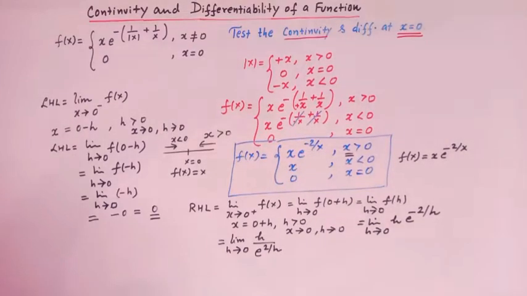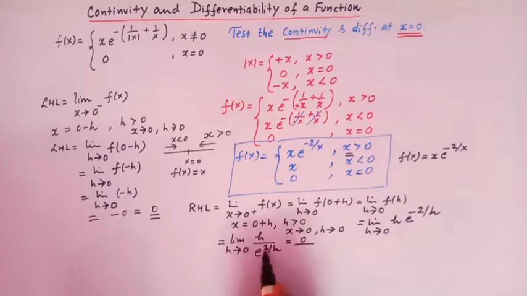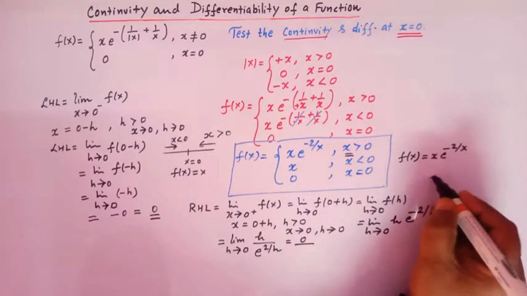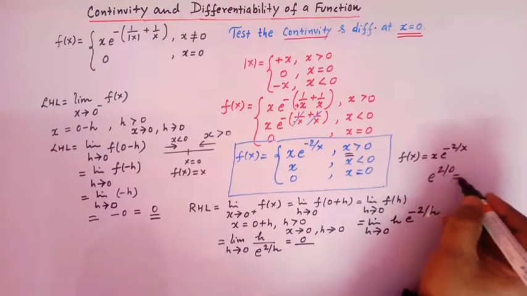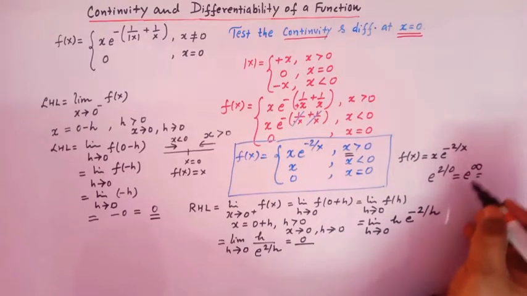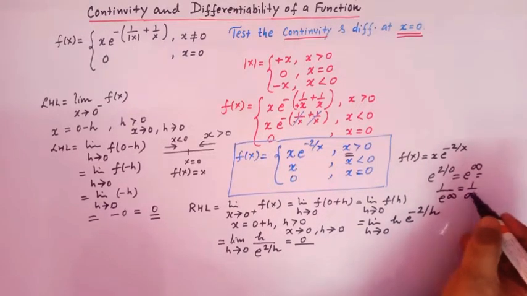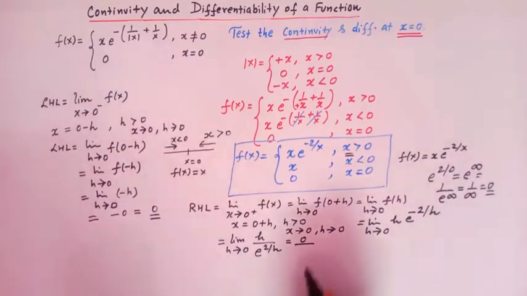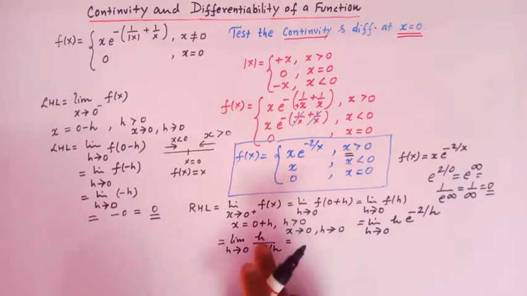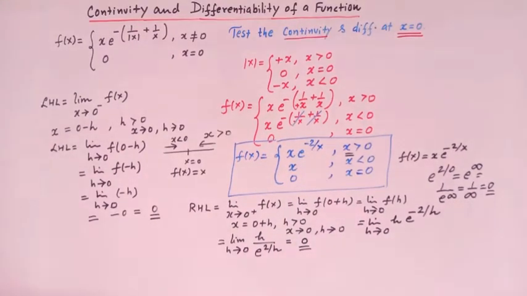So now if we substitute h equal to 0 over here, then we have 0 here, and here we have e raised to 2 over 0, that is e raised to infinity, and 1 over e raised to infinity is equal to 1 over infinity, that is equal to 0. So here we have 0 times 0, so we can write over here 0, right?